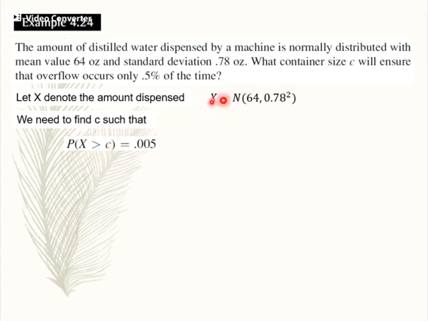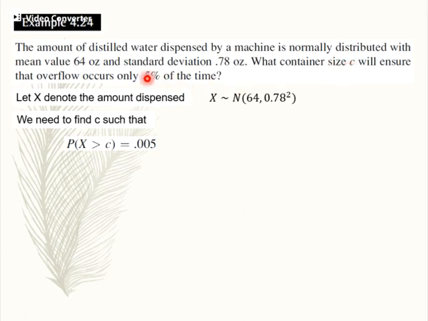The question is saying what container size will ensure that overflow only occurs with a probability of 0.005. Hopefully you can immediately see that it's a question where they want the percentile, because they gave you the probability as a percentage and wanted you to find a C. Usually we would find a probability, standardize and use the tables.